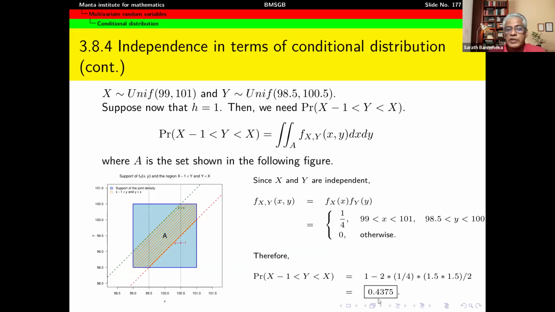When you simplify this, you get the answer 0.4375. So that is the probability that if you randomly select a housing and randomly select a shaft, the pair will be successfully meshed or paired is only 0.43.